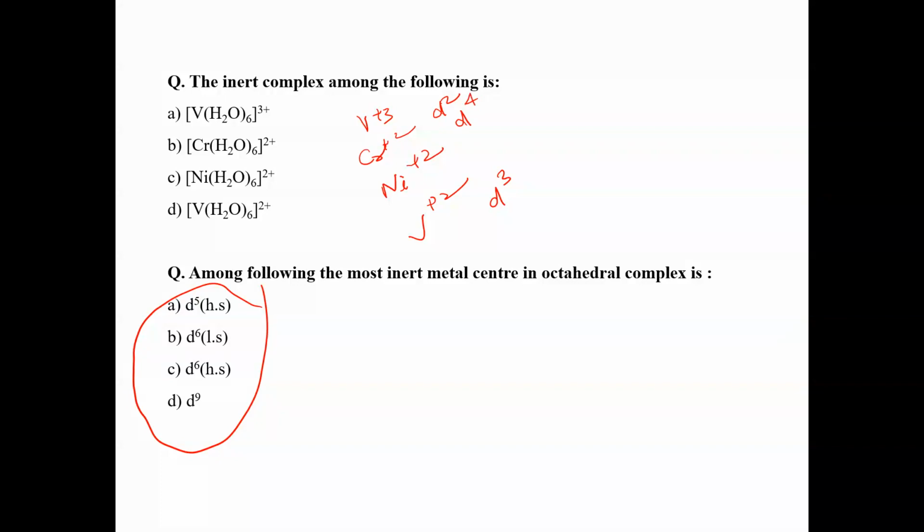And what about this one? d8. Okay, since there is a low field ligand, just fill in these electron configurations and identify the inert complex. Okay, just try.